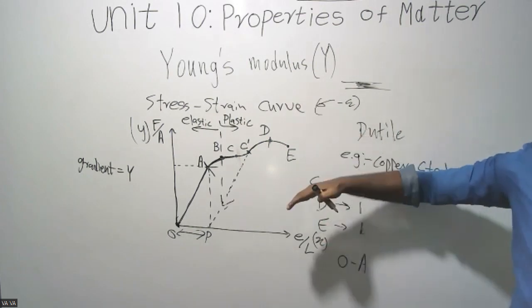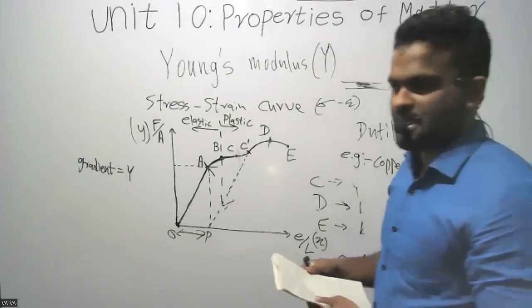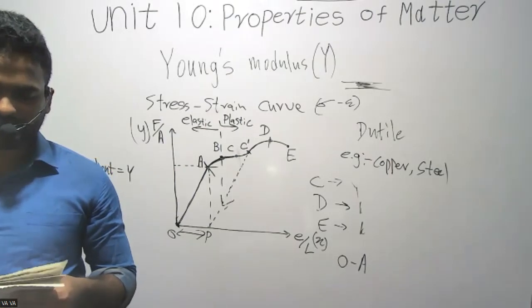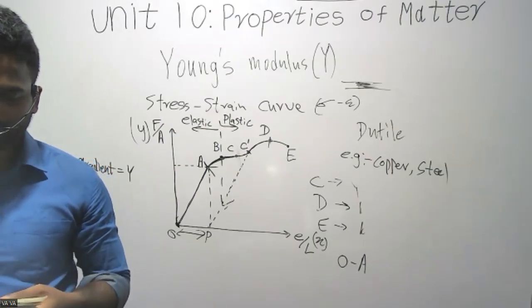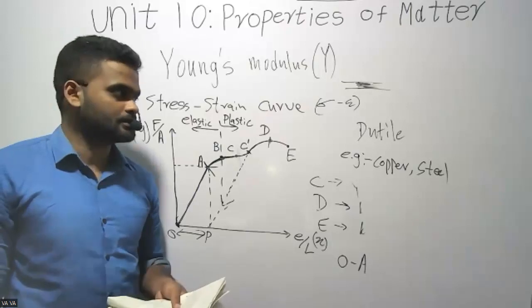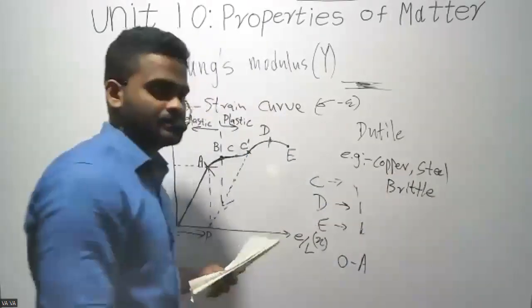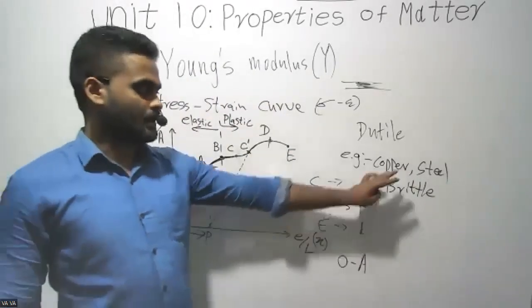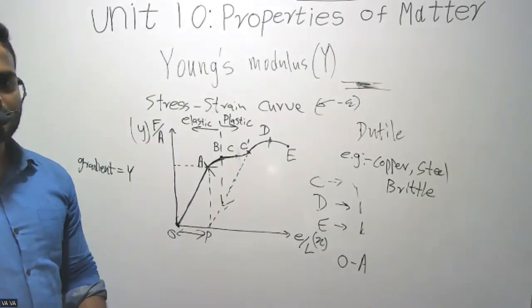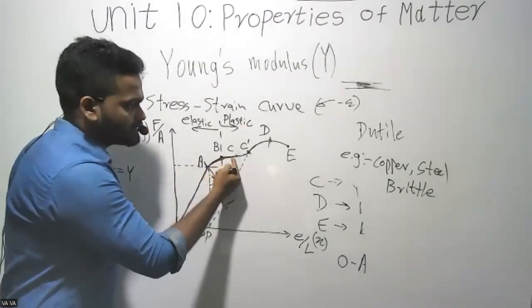Okay, from a new line: materials that break right after the elastic limit are called brittle materials. Some materials can't follow this graph.